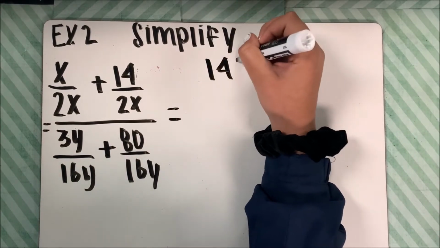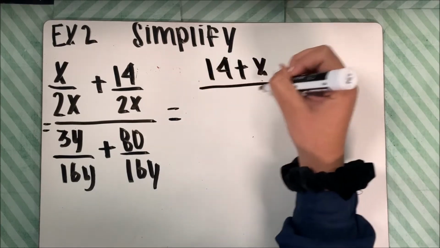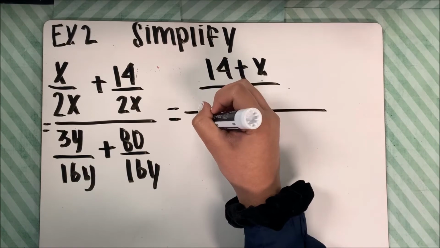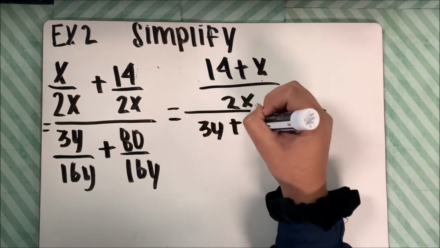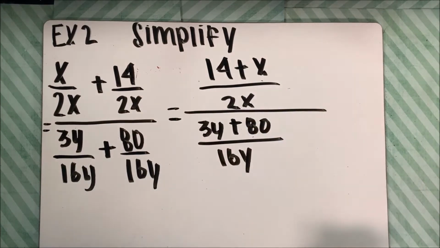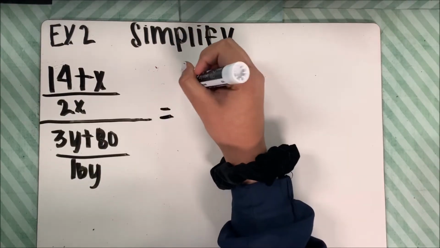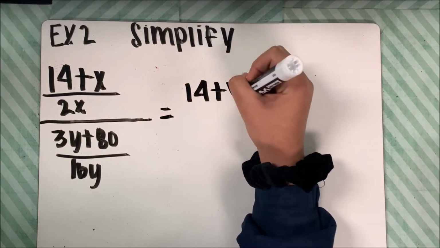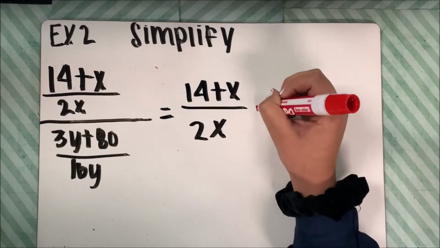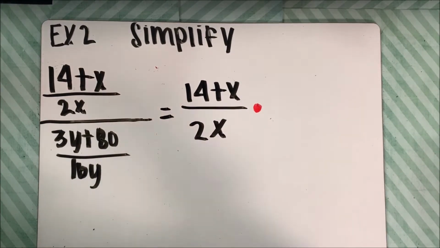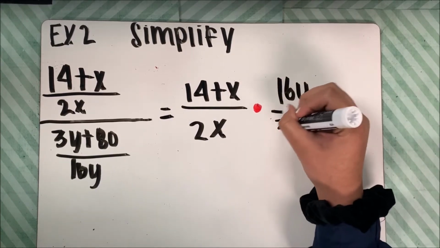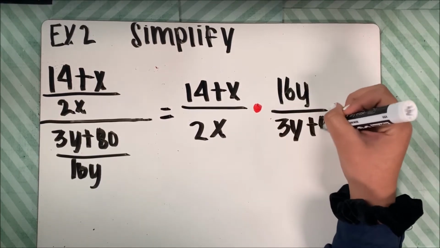We're now going to simplify it, so we got 14 plus x over 2x over 3y plus 80 over 16y. Now that we have that, we want to do 14 plus x over 2x, and we're going to multiply it by the reciprocal, so we're going to have 16y on the top over 3y plus 80.